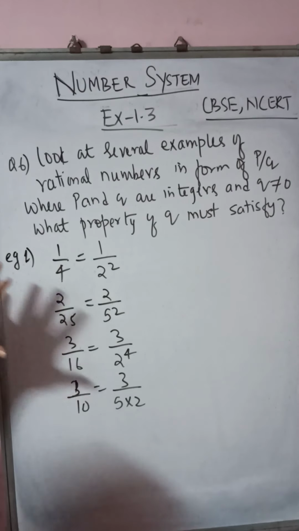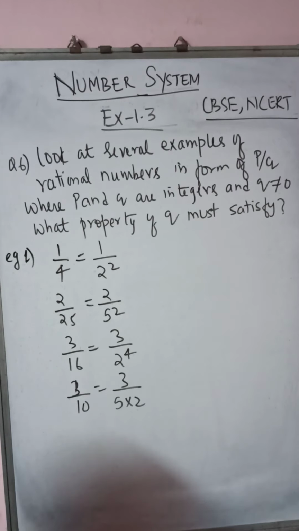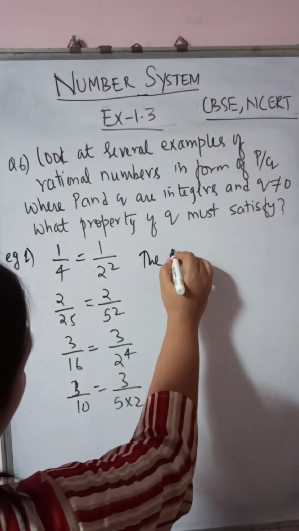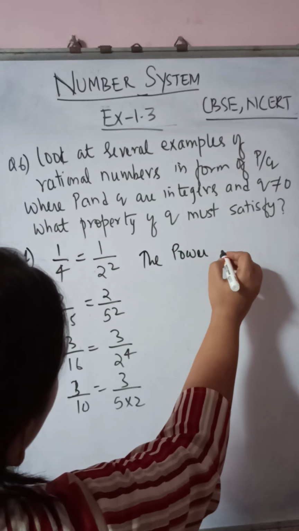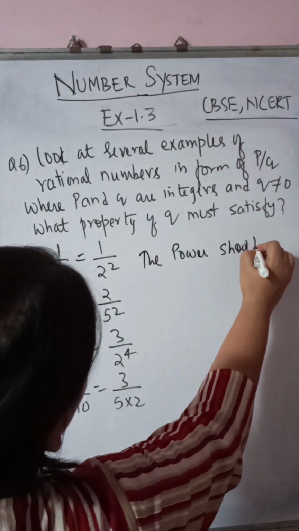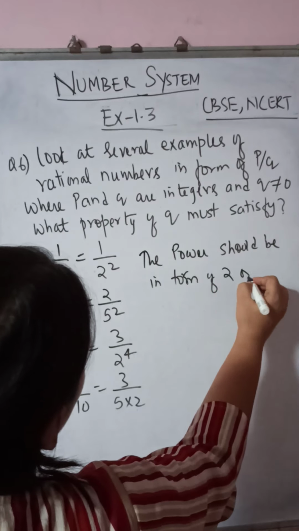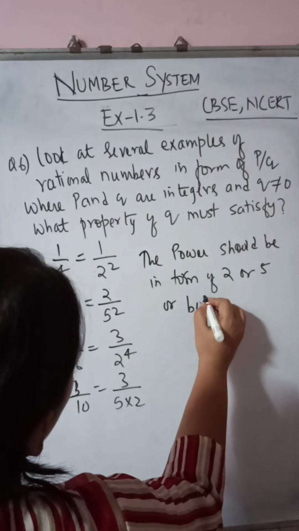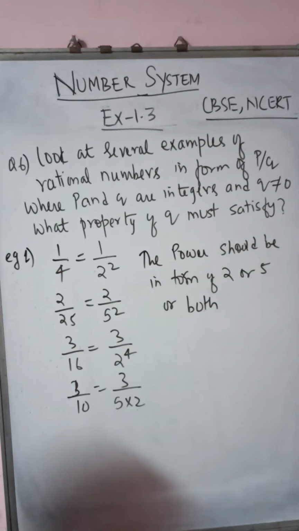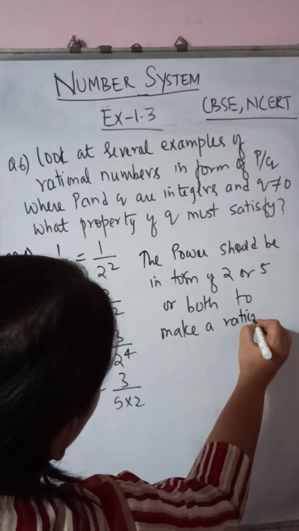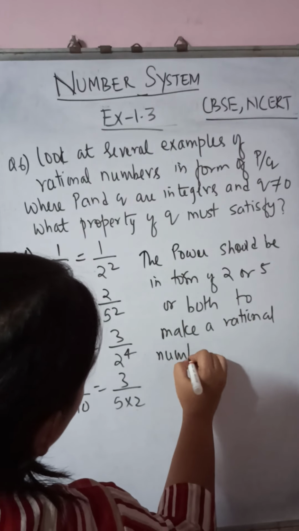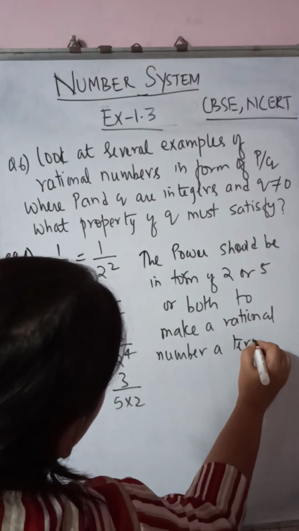So the denominator should be in the form of a power of 2 or 5 or both to make a rational number a terminating decimal.